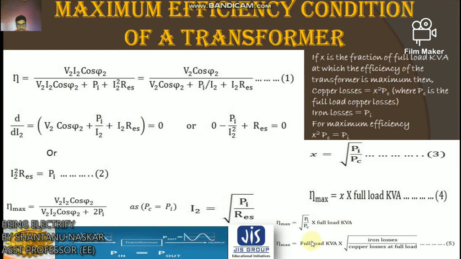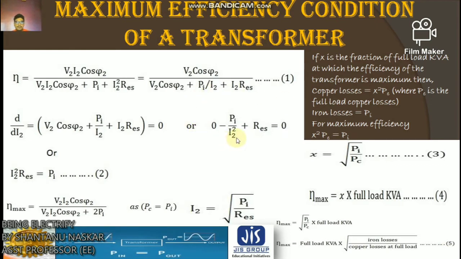We can also write it as full load kVA into root over iron loss by copper loss at full load, and this is equation number 5, which is the maximum efficiency condition of the transformer.